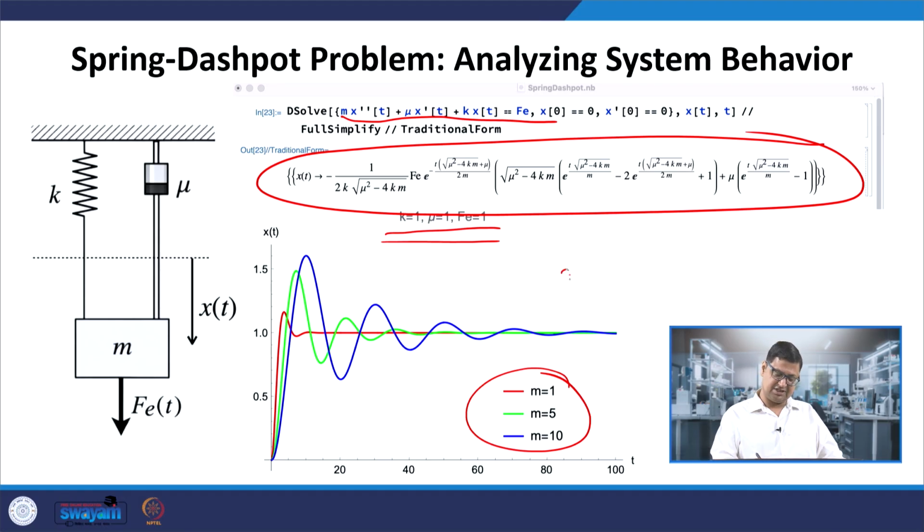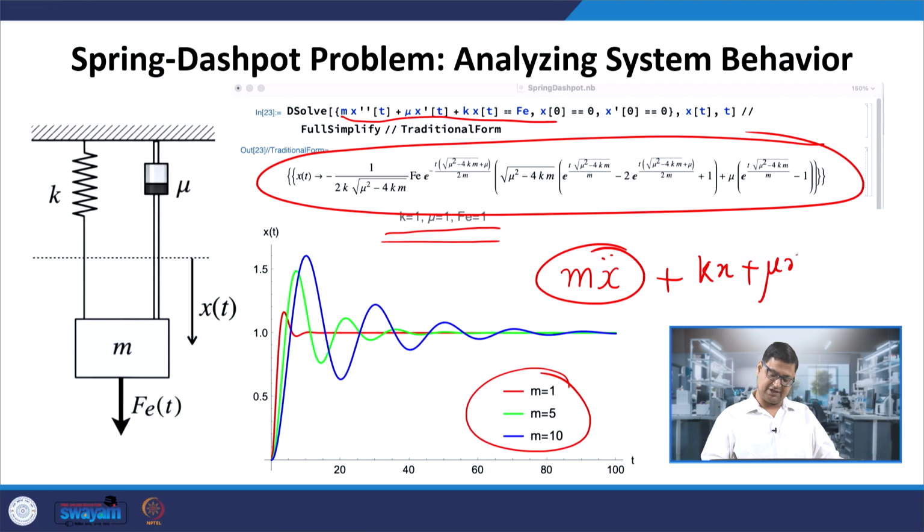This first term is my m x double dot. The other terms are something like kx plus mu x dot. It is this second order term that is typically known to give rise to oscillations, right? If you think about the equation of a wave, you will get a second order equation, right?